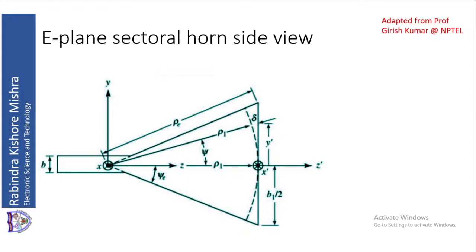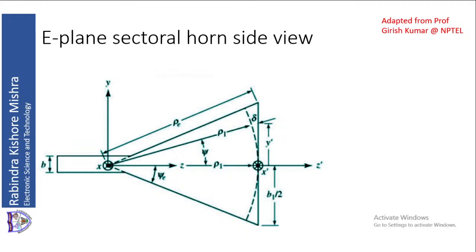So inside the waveguide, then inside the sectoral expansion, the wave front is the same on the dashed line portion. But if you move away from the dashed line onto the face of the waveguide, there is a path difference as you move from the center point of the face to the edge of the face.